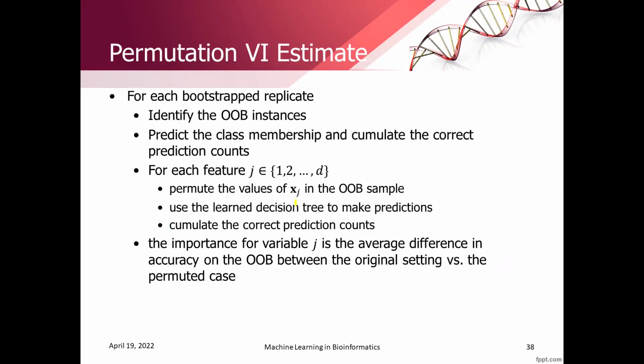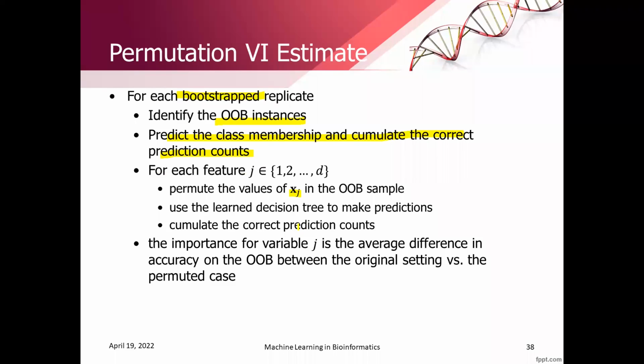And it's usually done in the following way. For each bootstrap replicate, we identify the out-of-bag instances, we predict the class membership and accumulate the correct prediction count. So we measure the accuracy. And then for each feature, this means each column, each attribute, we permute the values of the given attribute, and we use the learned decision tree to make predictions.